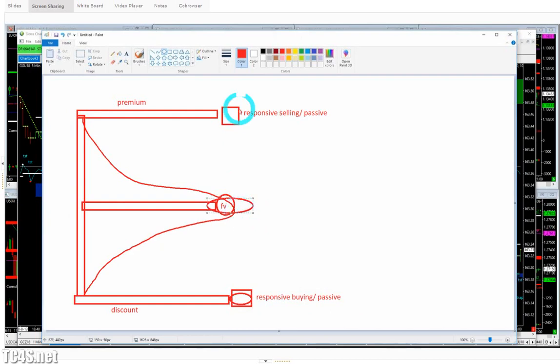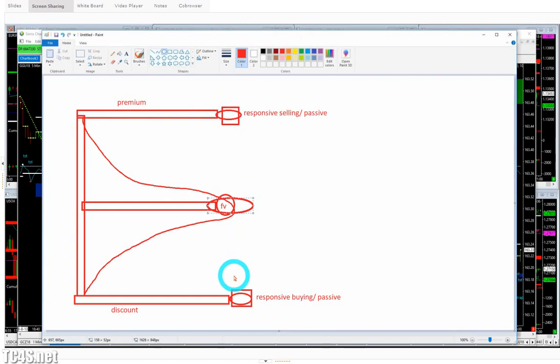They don't expect to make the top edge. They expect to trade back to fair value where they're going to sell at retail. You buy it at a discount, you sell it at retail. You sell it at a premium, you buy it back at retail. And this process of auctioning backwards and forwards is the normal auction process.